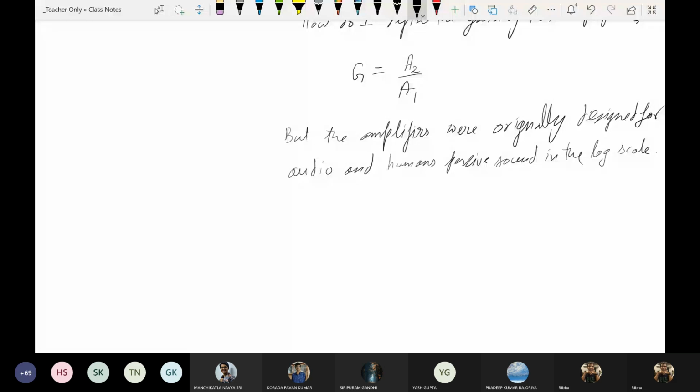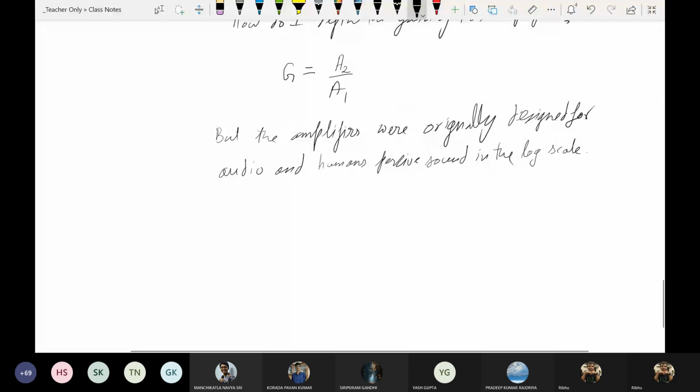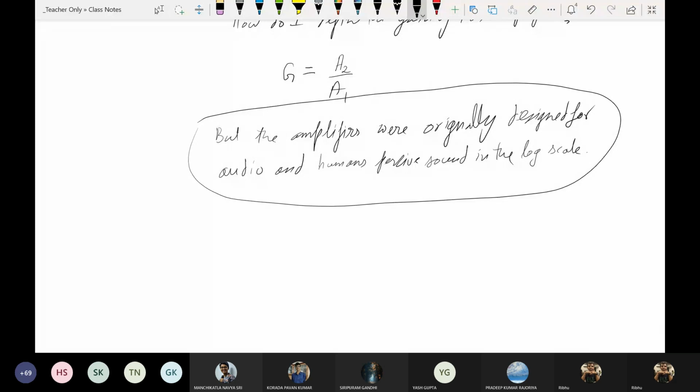So we humans perceive these power levels in a log scale, and consequently we had to come up with a unit of gain that was in the log scale.